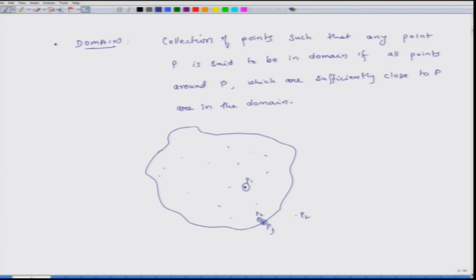So, we do not say that point P3 is in the domain, and for a similar reason point P2 is also not in the domain. Okay. So, what it directly implies is that points on the boundary are not in the domain.